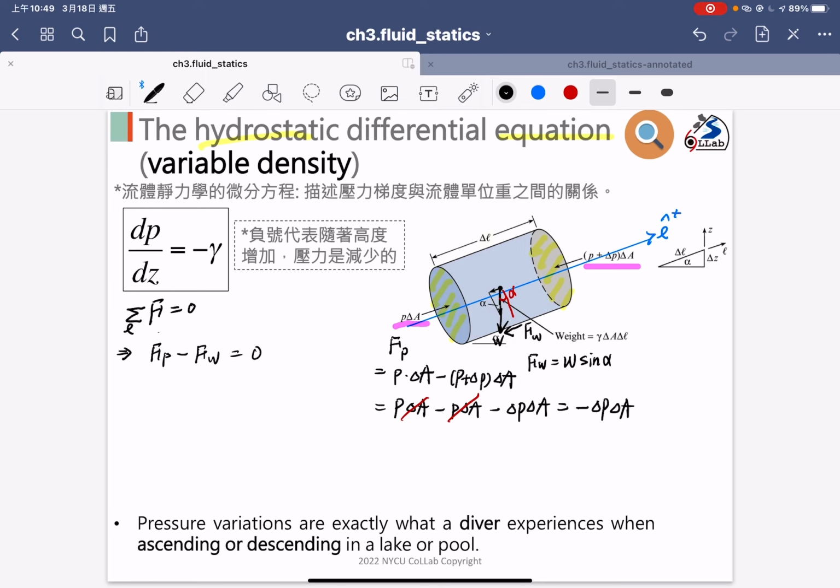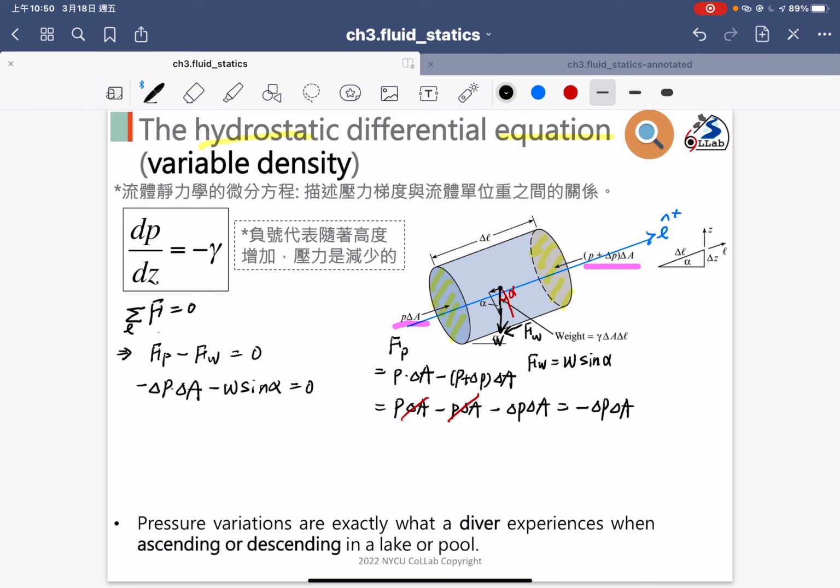And we already know why I use the minus, because I know the Fw showing here is in the negative arrow direction. Okay, so I can put the answer: the delta P multiplied by delta A is equal to Fp, minus the W and the sine alpha, it will equal to 0.